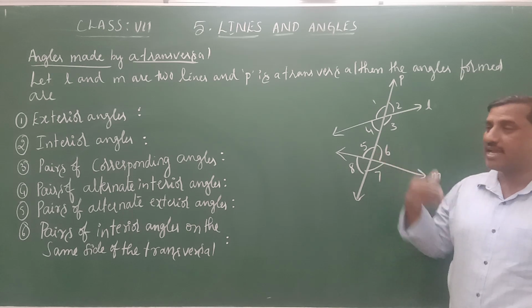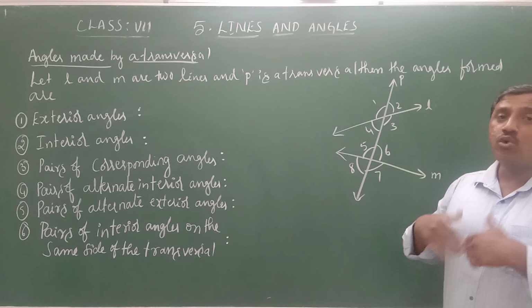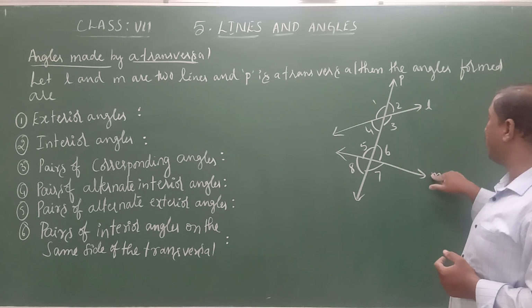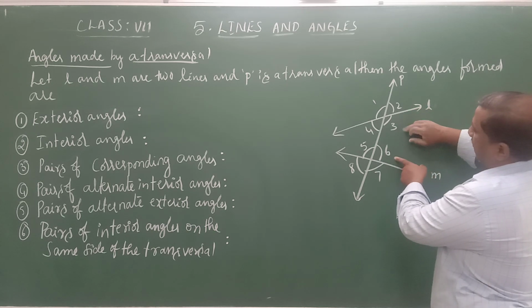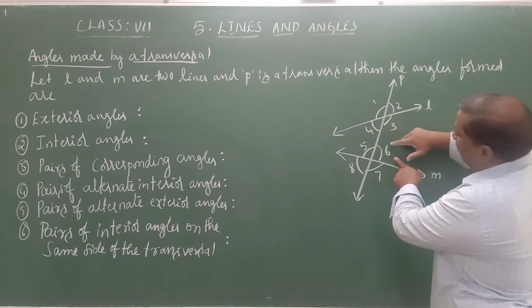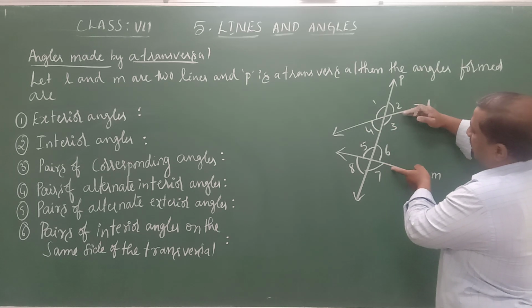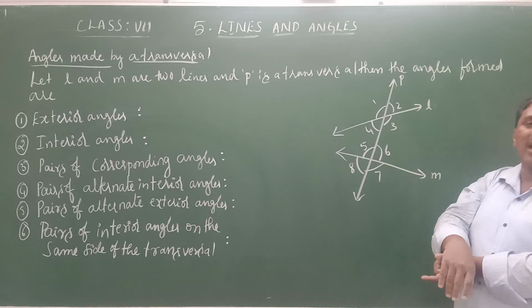So what do exterior angles mean? Exterior means outside. Outside of what? The two lines L and M. Between these two lines, inside, we have four angles: 3, 4, 5 and 6. These are the angles in the interior of the two lines.